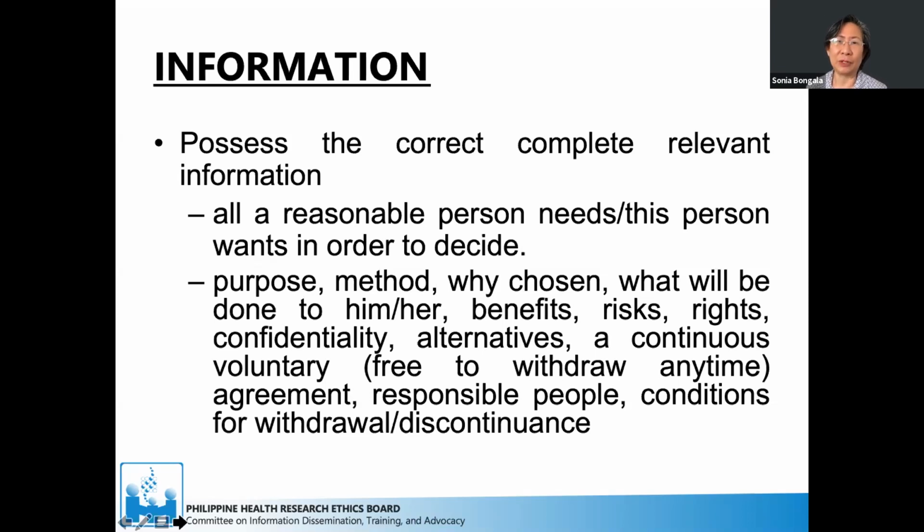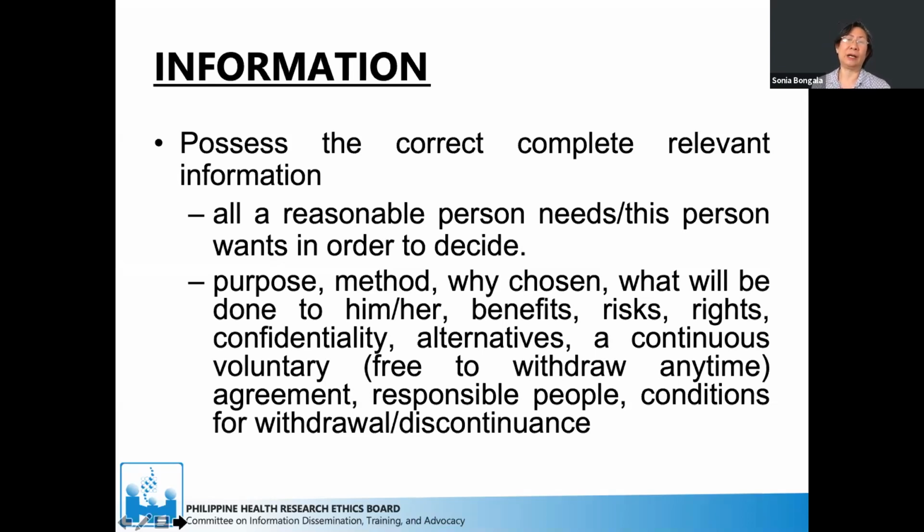And of course, as we mentioned, the risks and the benefits. What are his rights? That he has the right to withdraw, to refuse anytime. That his data will be kept private and confidential, that he will not be identified at any point in the study, even after the study, during publication.